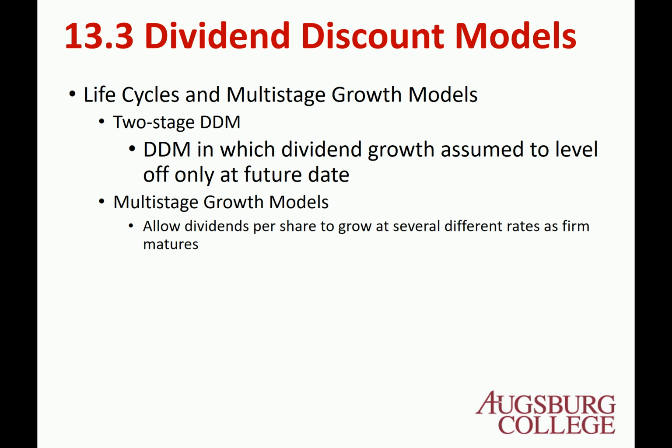Now, the life cycle and multi-stage growth model. The DDM model has another flaw. We just assume that everything grows at a constant rate, right? The dividend at a constant rate forever. But for a firm, first of all, the life cycle is different, right? So for new firms, initially they grow at a very high rate, and then at the mature stage, it will be stable. So we may have to divide this into 2 stages, which is called the 2-stage DDM model.